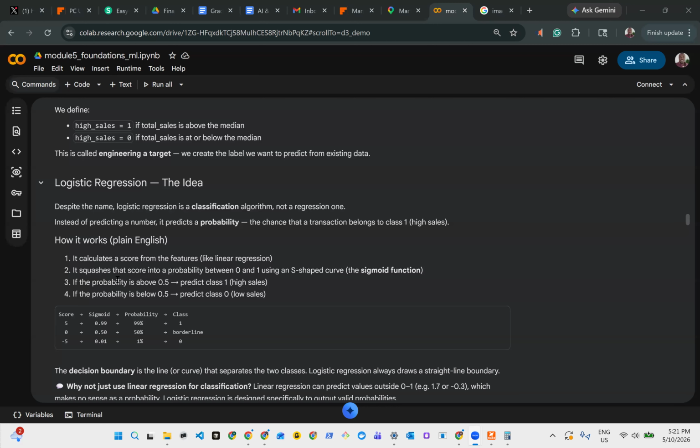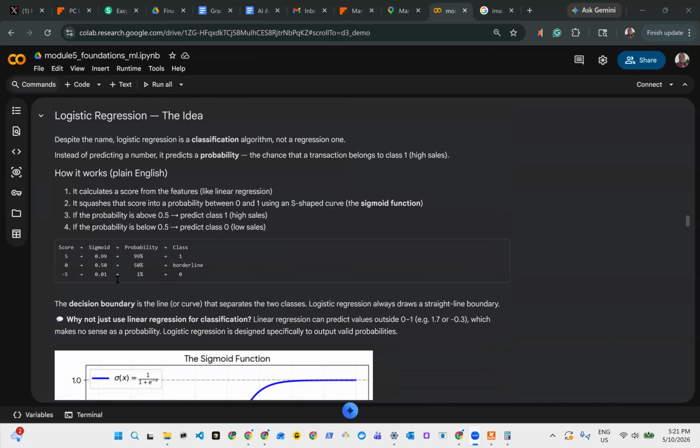So it squashes it to a particular probability. Take, for example, if you have 50% probability, then it says that it's high. But if it's less than 0.5, which we call 50%, then we'll predict it as low.